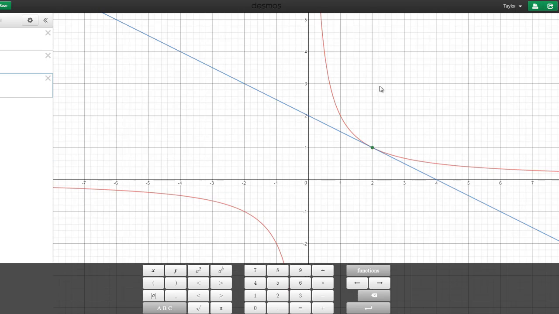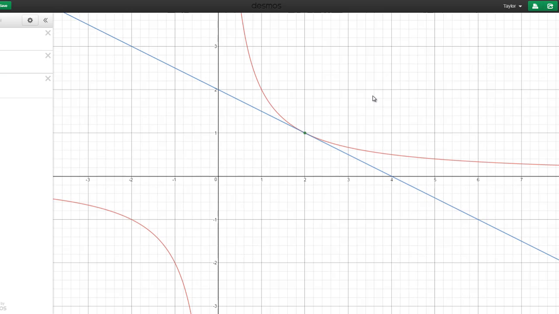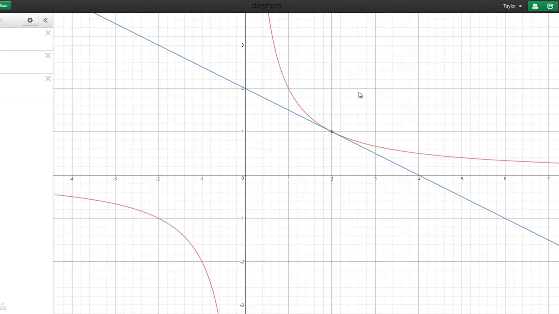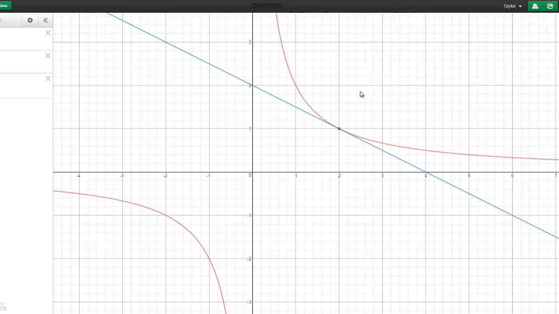So does that look like the tangent line to you? I think it does. I think that works out nicely. Just to recap, we first found the derivative of the red curve. Then we evaluated that derivative at the point in question, which was 2 comma 1.